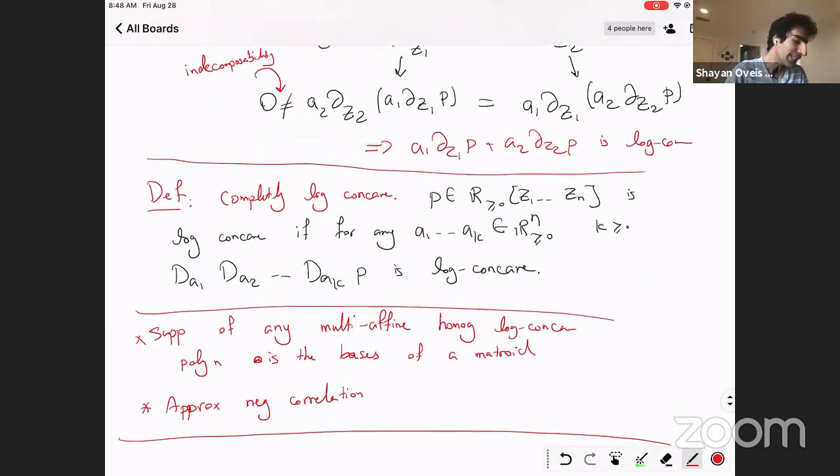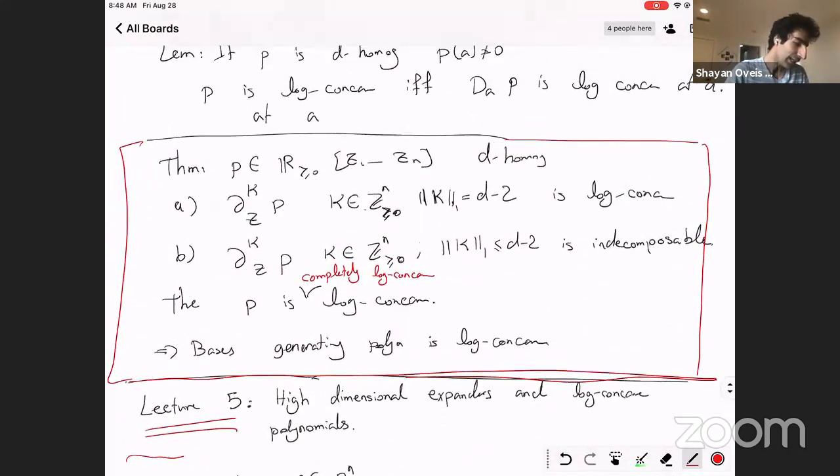One other thing I wanted to say was that we have a polynomial time test to see if a given polynomial is log concave or not. All you need to do is to check indecomposability and log concavity when you look at partial derivatives up to degree 2. Okay, I'm not saying that's a very efficient test.